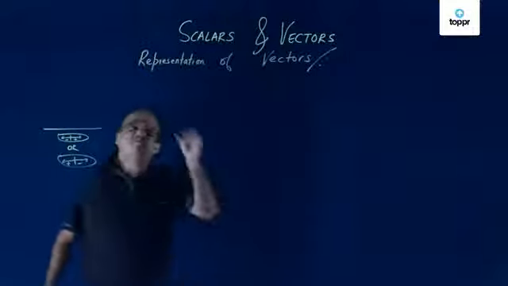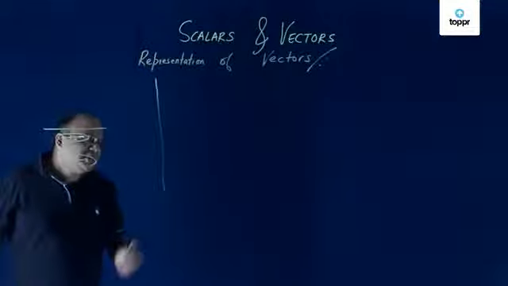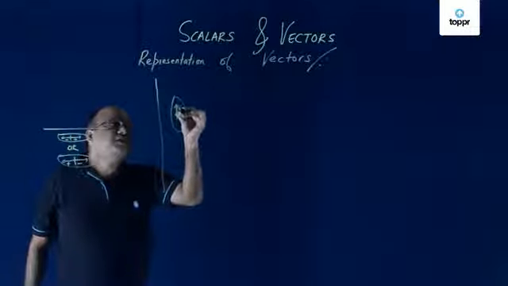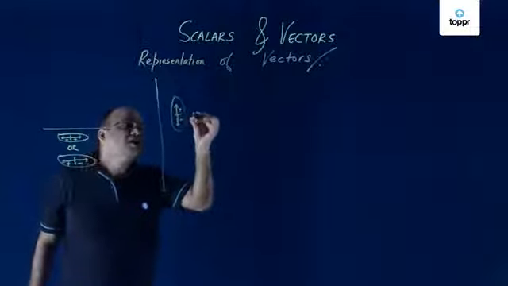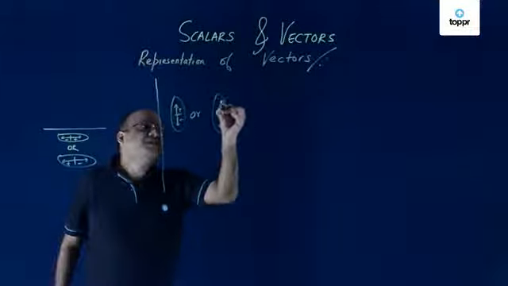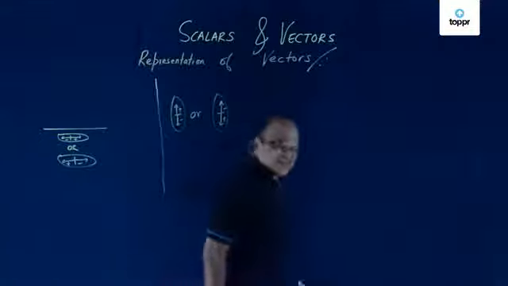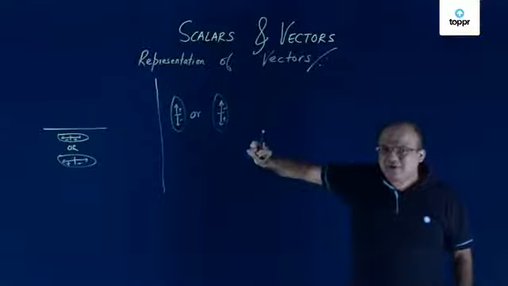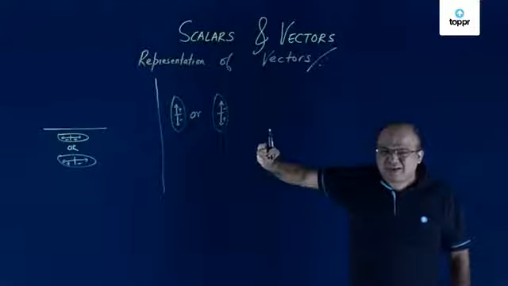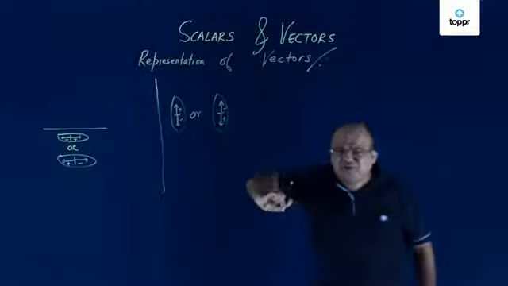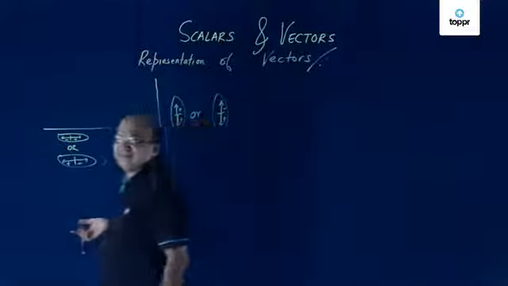If a body is moving vertically in a straight line like this, we can call either upward as positive, or if you don't like that, we can call downward as positive. The opposite direction will become negative. So when a body is moving in one dimension, when a body is moving in a straight line, plus and minus are sufficient to specify the direction.